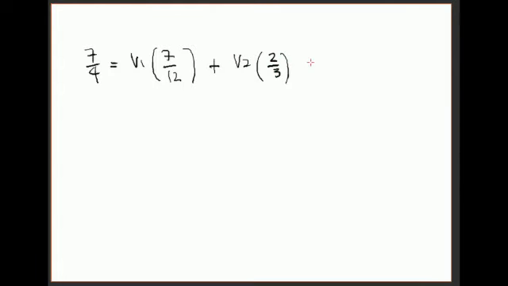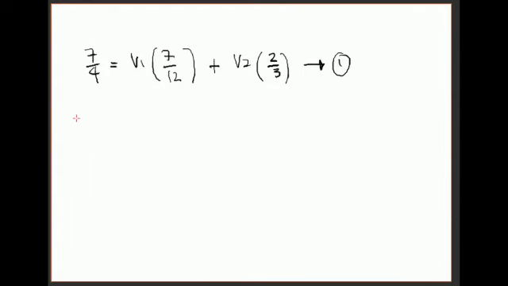So if we simplify that equation, we have 7 over 4 equals V1 times 7 over 12 plus V2 times 2/3. So this is our equation 1.